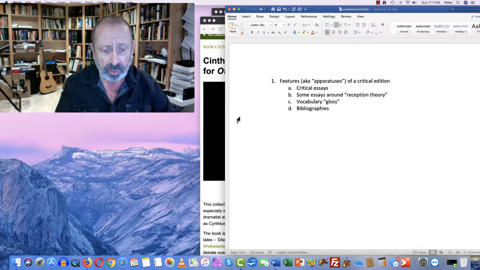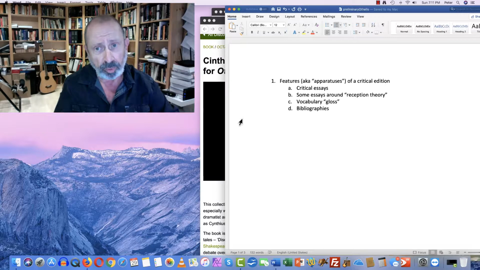And you have to remember that there are many editions out there of Shakespeare that are badly edited, that contain, as you'll see in a minute, misinformation about the play, and that are missing many features that are designed to help scholars engage the text properly.